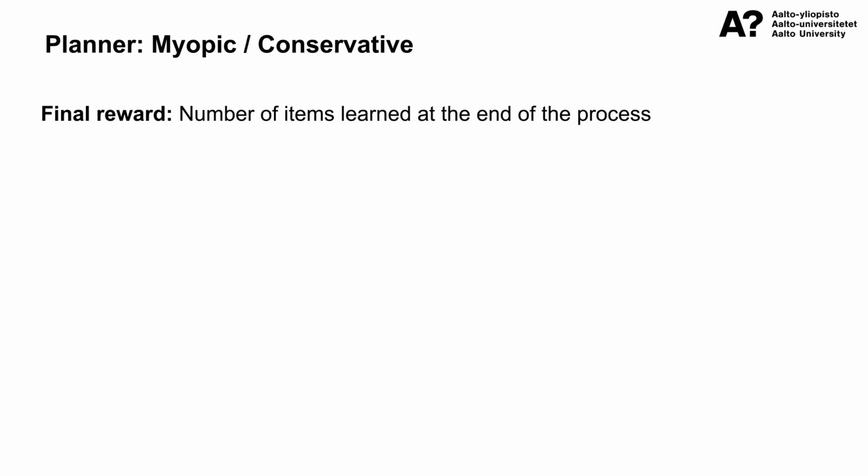The goal of the planner is to maximize the number of items learned at the end of the process. In order to evaluate it, we take as a proxy the number of items having a probability of recall larger than some threshold. The goal of the planner is then to maintain a high probability of recall for as many items as possible.